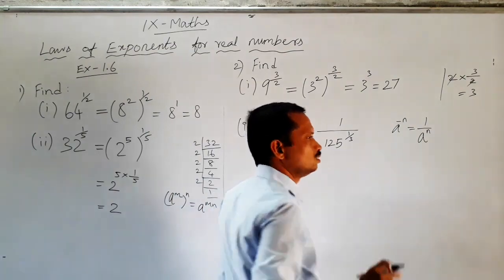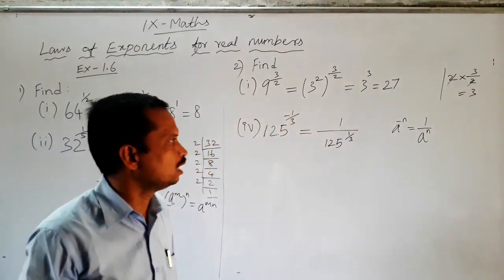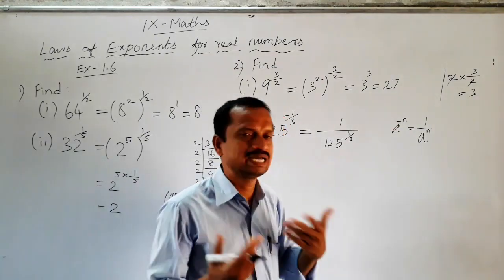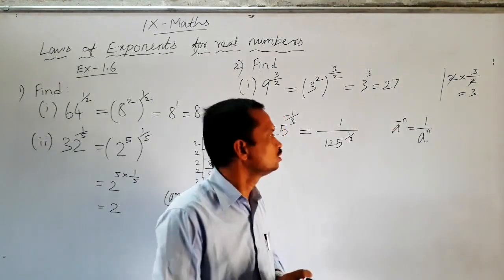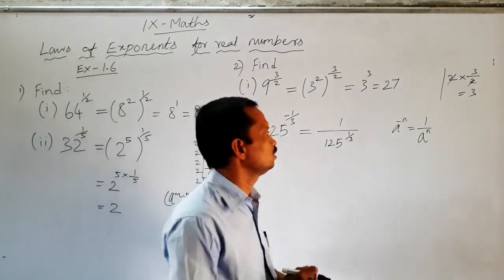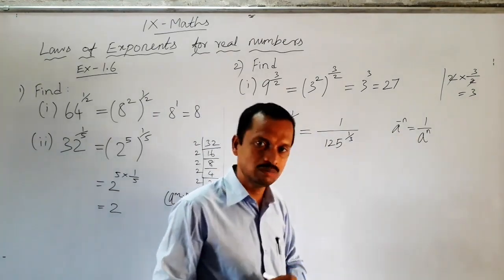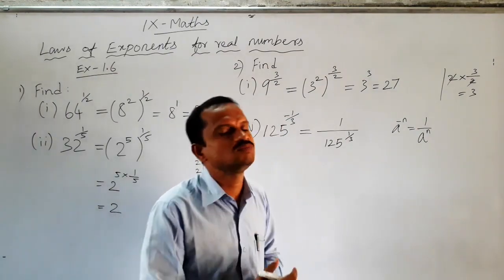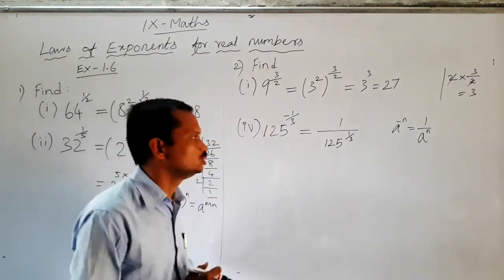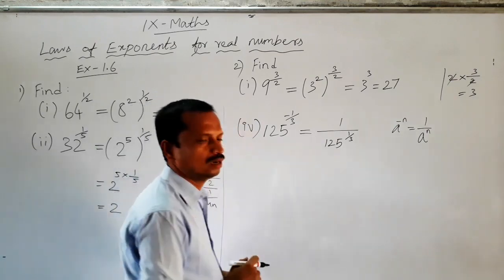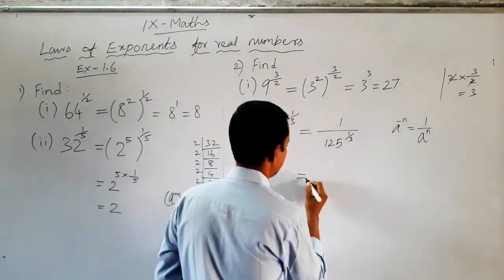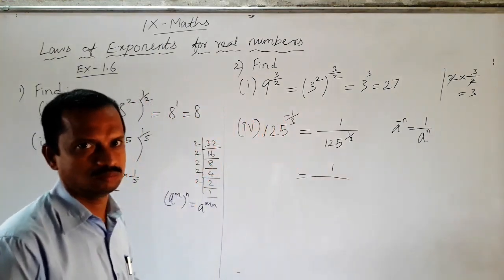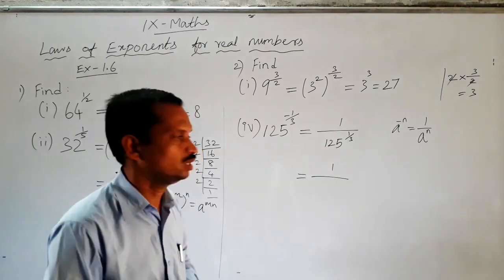If it is negative, we cannot apply the negative exponent to the base. So change to the positive exponent. So a power minus n becomes 1 by a power n. If we take the reciprocal, then the sign of the exponent will change. So now it is changed into 1 by 125 whole power 1 by 3. Now 125 means 5 cube. You do that prime factorization, 125.